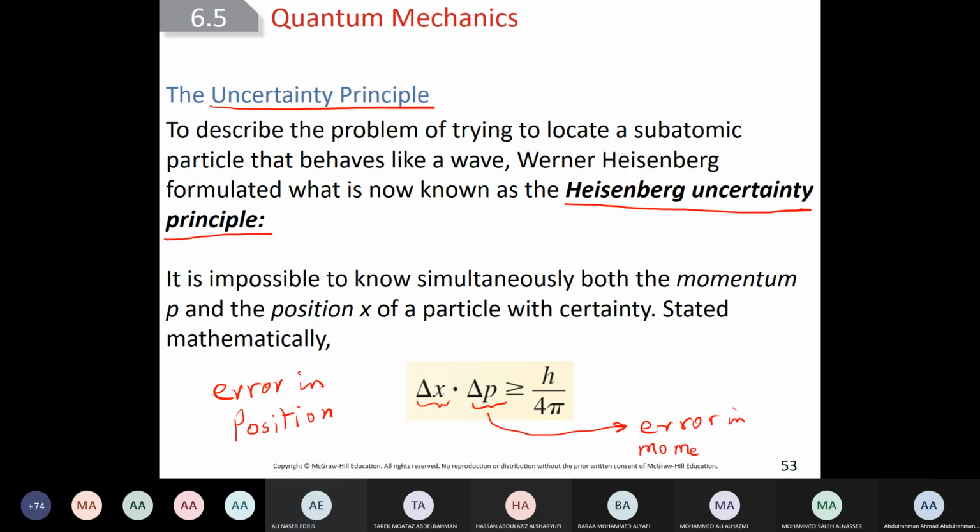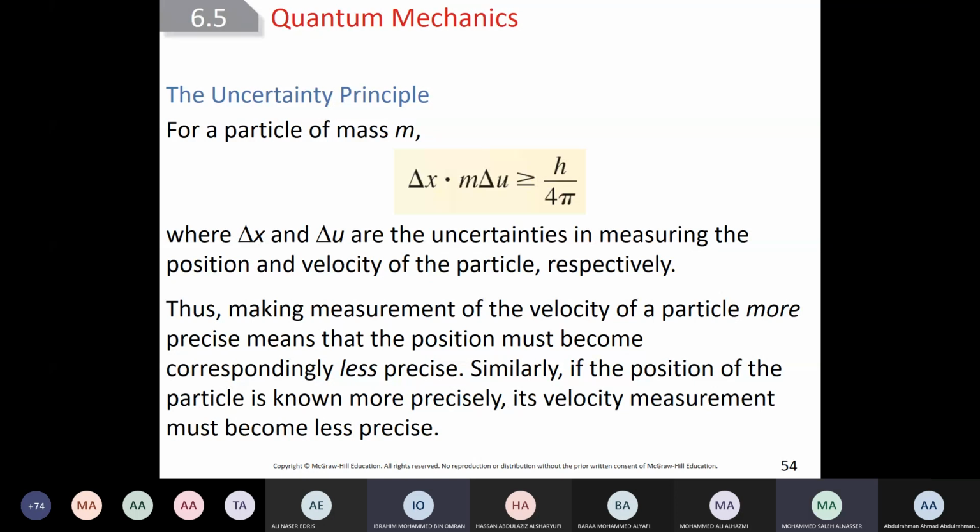What's momentum? M times U. So this will be m delta U. And what's h? Planck's constant. And 4 pi, of course, is 4 times 3.14. So this is the uncertainty principle when we change momentum into m delta v.